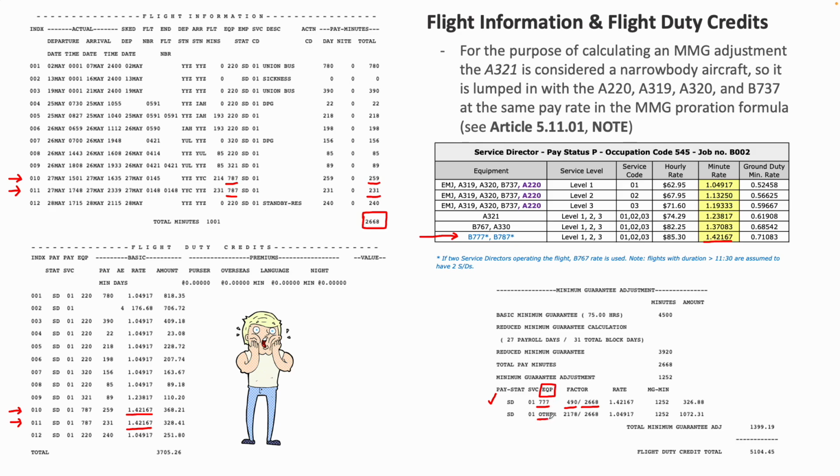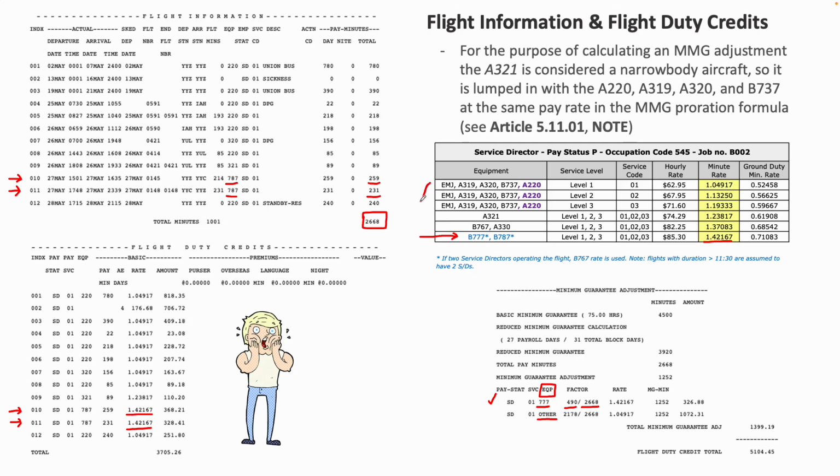We then have other as the next line for equipment. What do we mean by other? Other is a number of things, but what it is first is it is all of our narrow body aircraft, all of them including the Airbus 321.